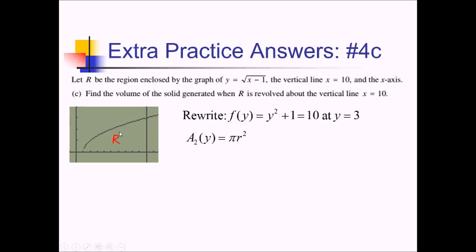Now these x values are represented by this f of y function. When you plug a y value in, you get the x value out. So I can write this as pi times (10 minus f of y) squared. And for my volume, all I have to do is take the integral from 0 to 3 of A sub 2 of y dy. But now I need to do that on the calculator, and that's another task.